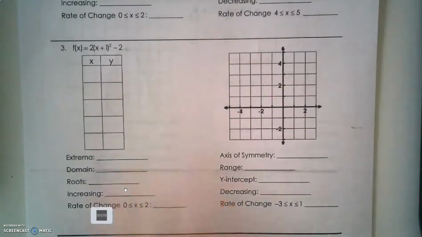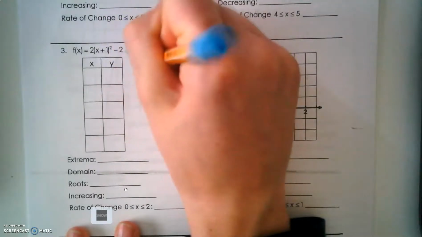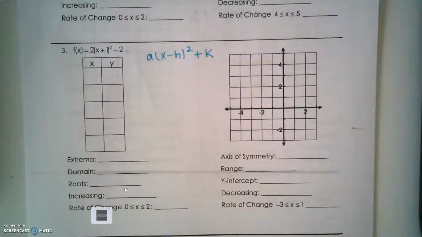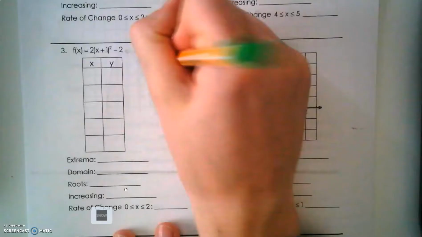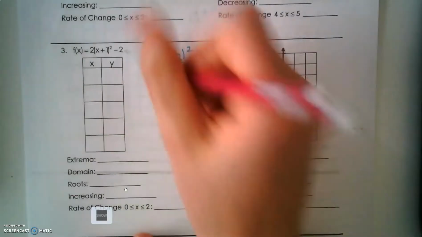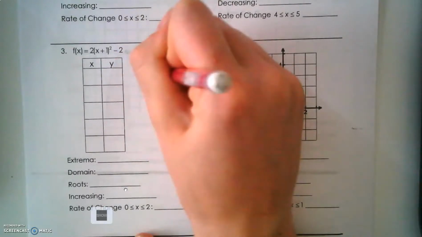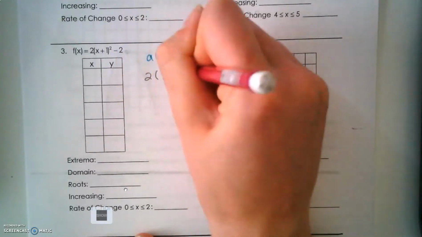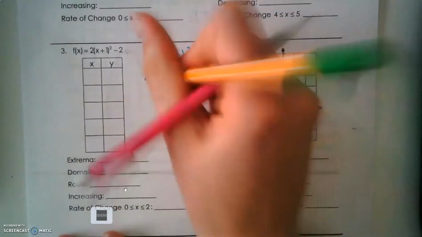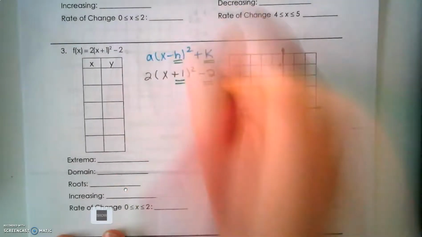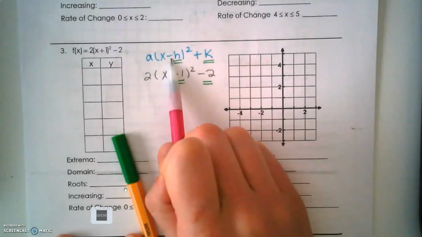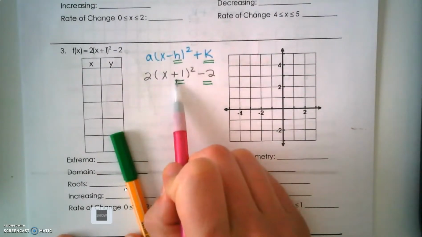Again, let's remind ourselves of what our vertex form is. I have a vertex that sits in the h and the k spot. That's going to be 2 times x plus 1 squared minus 2. So I have 1 and negative 2. Now, my formula has a subtraction sign in it, and now this is a plus sign.